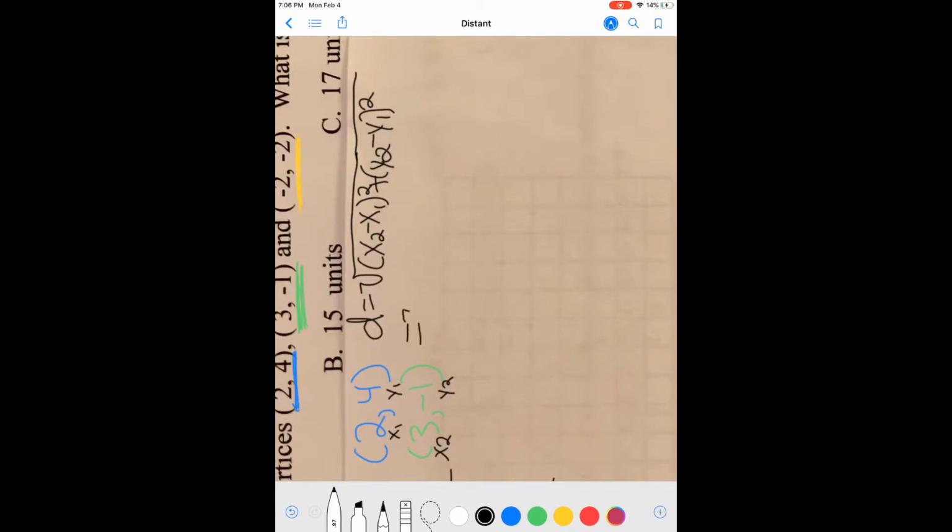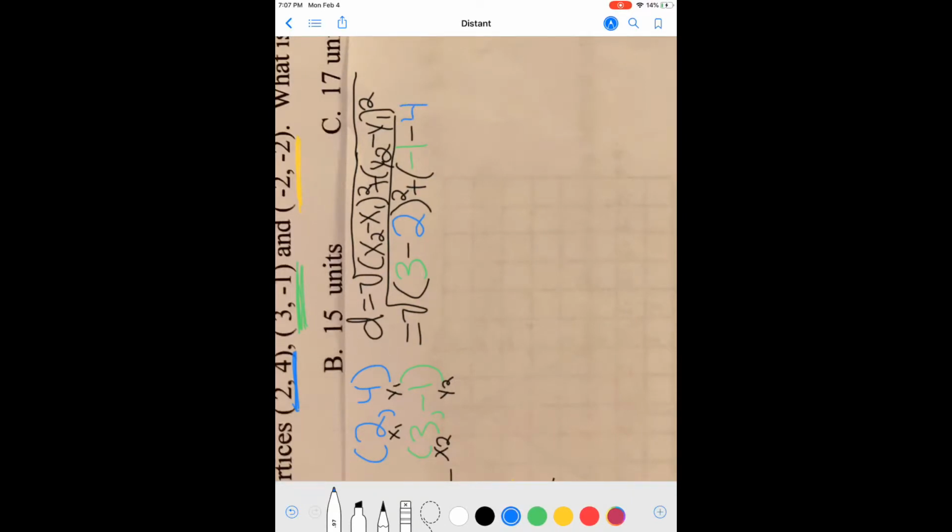I'm going to substitute some values in. So instead of x2, I'm putting 3. Still have subtraction. And I have 2 as my x1 squared plus, instead of y2, I have -1. Subtract.